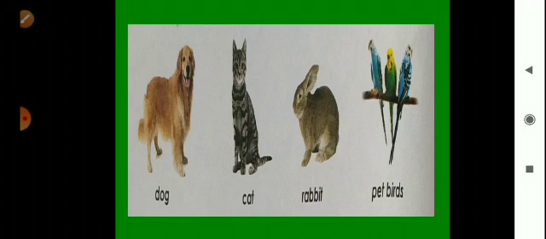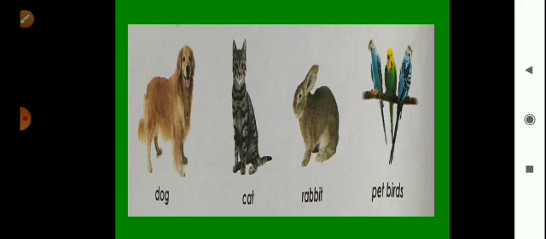Pets. Now the dog is a pet animal, the cat is also a pet animal, the rabbit also, and pet birds also. When we keep these animals inside the house, at that time we call them pet animals. But when we see them around us, at that time these are domestic animals.